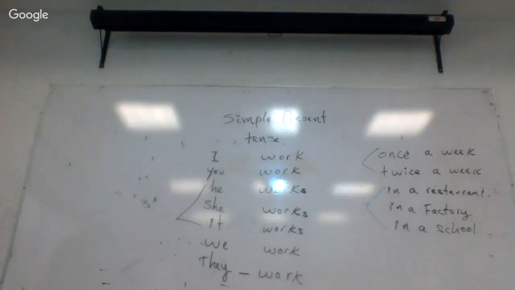So we need to give them the name of the structure. And this is a separate class, okay? Because it's too much information for one class. And with this one, the same. We need to teach them prepositions in, on, at, which are the basics for simple present. And then explain that after the preposition, they can use articles: a, an, or the.